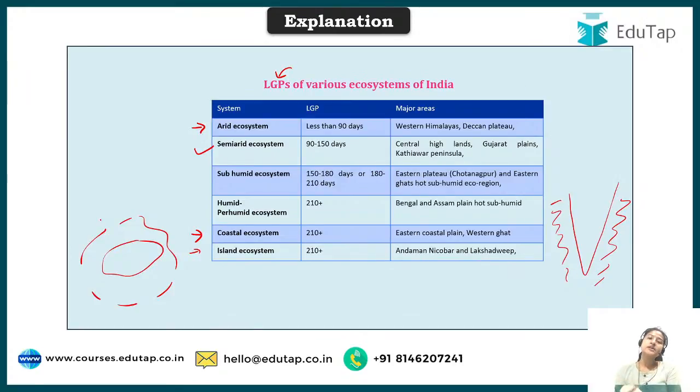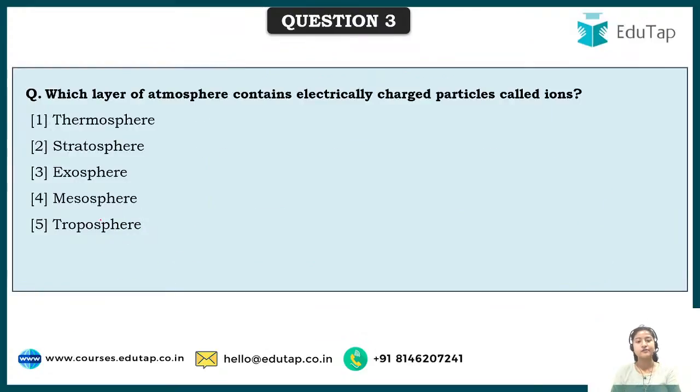Do not get confused: in the previous question we had the 15 classification, which were the agroclimatic zones, and this is the new classification, the ecosystem. These are different terms as well as different classifications, so do not get confused.